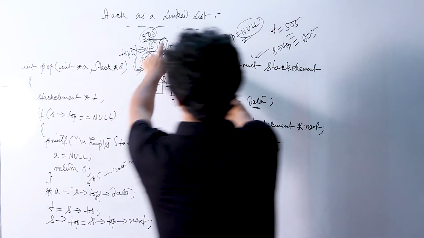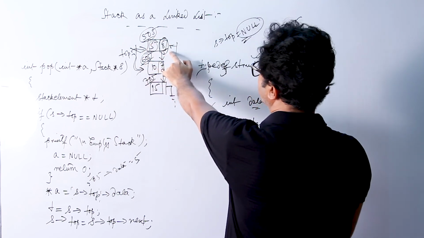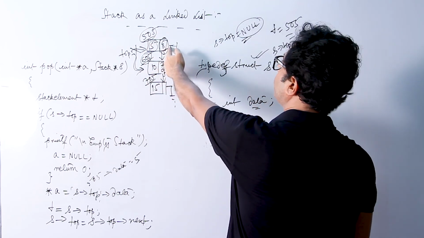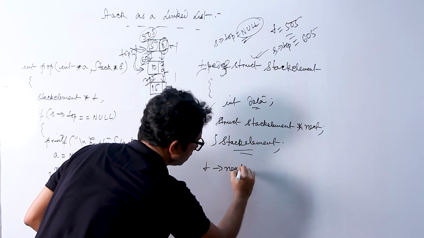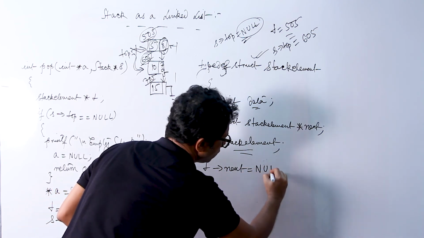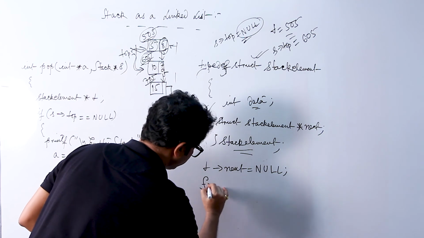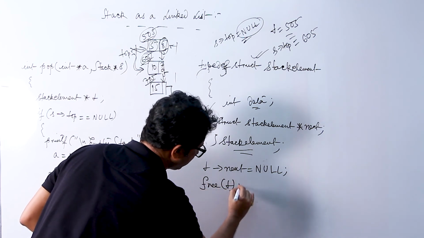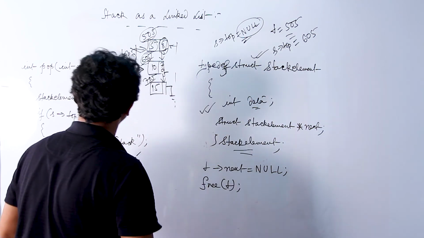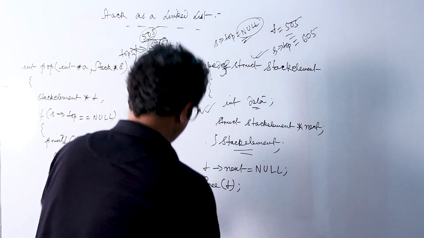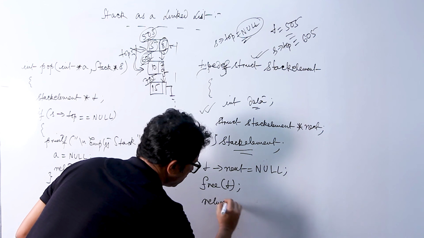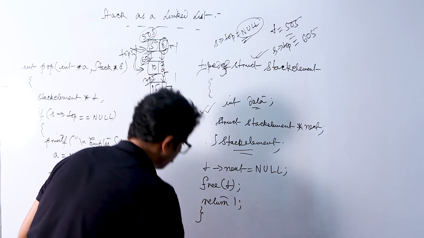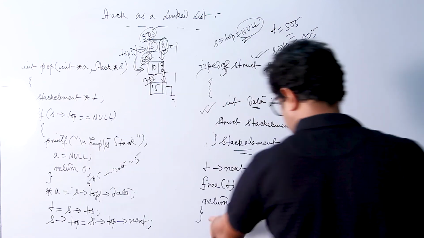In order to free this node, we have to make this pointer point to null. So T next is equal to null. Then we will write free T, deallocate the memory and return the memory to the memory pool, and then the operation is successful. That's why we will return 1, and put an end to this function definition by this closing brace.